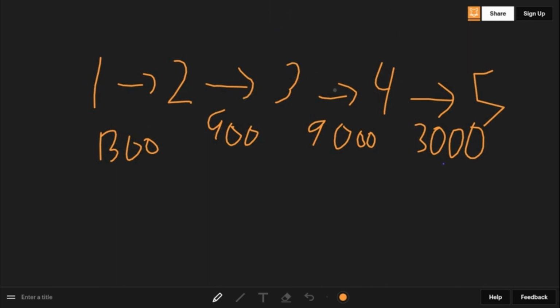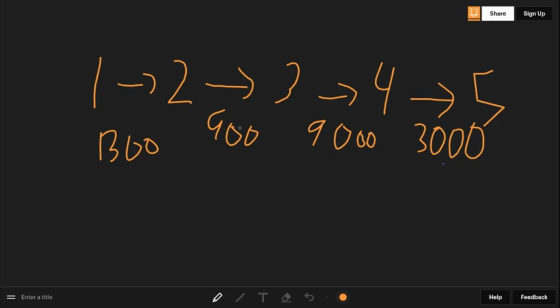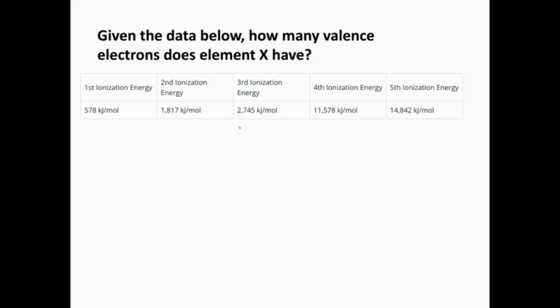Since ionization energy is the amount of energy required to remove that electron, this element has 3 valence electrons. After removing the first, second, and third ones, it's fine, there's relatively not that much energy required, since these are just 3 valence electrons hanging together.